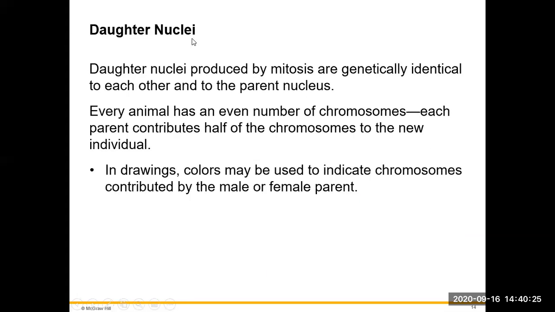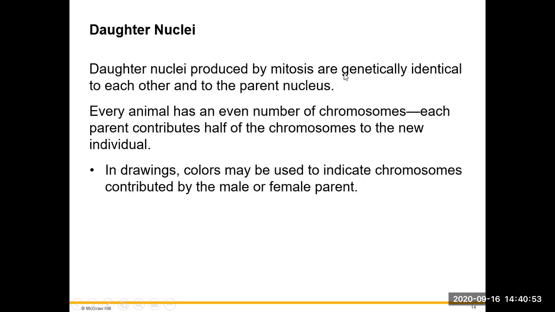Daughter nuclei produced by mitosis are genetically identical to each other and to the parent nucleus because, let's say, some cell went through mitosis and it has 46 chromosomes like a human cell. I'm just saying, let's say it is one particular cell and it has 46 chromosomes.